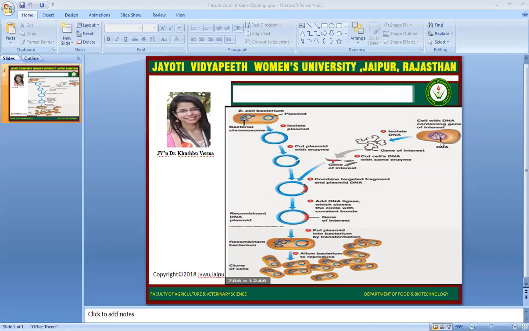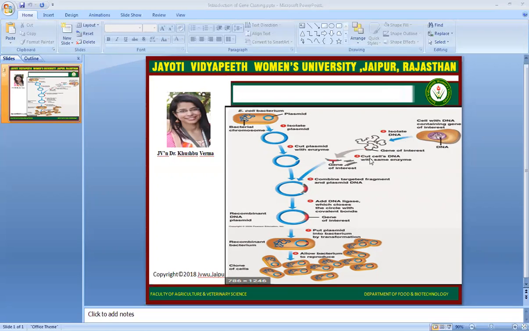On the other hand, for the cell with the DNA containing the gene of interest, for example if we want to amplify the insulin coding region, we will first isolate the DNA containing the insulin coding region. We will isolate the DNA with a manual procedure or with kits presently available in the market.